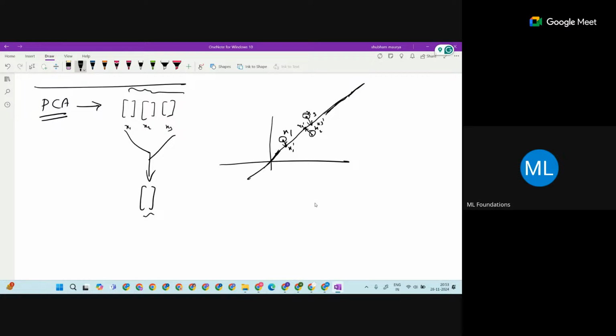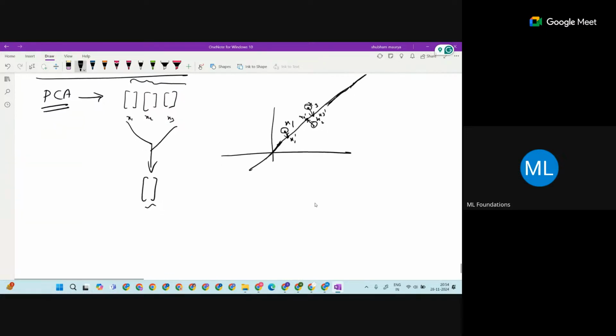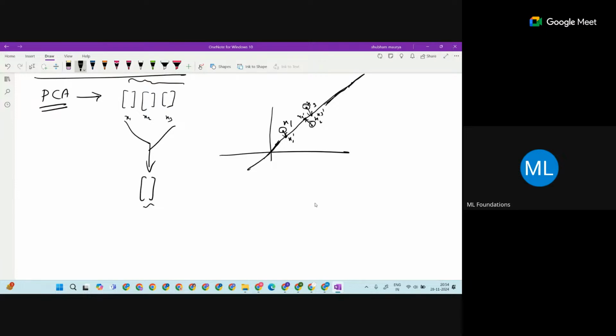So PCA will reduce the dimensionality of the data, and with less error. There are so many lines onto which you can project all three. But which one gives the least error while projecting?